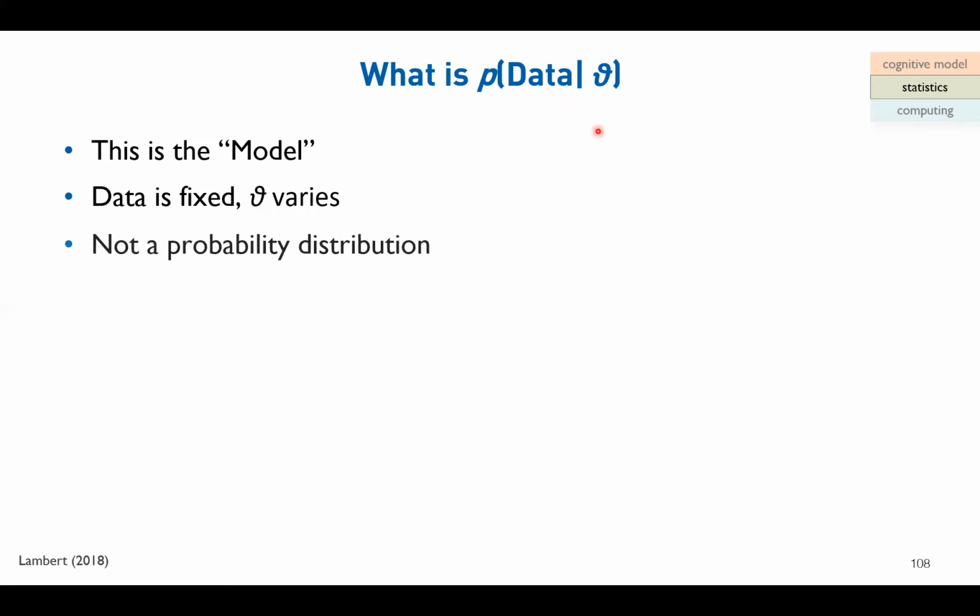So we could make some claim that this likelihood, even though it is written in this form, is not a probability function. This is really confusing, and I will tell you a little bit more detail using one example.